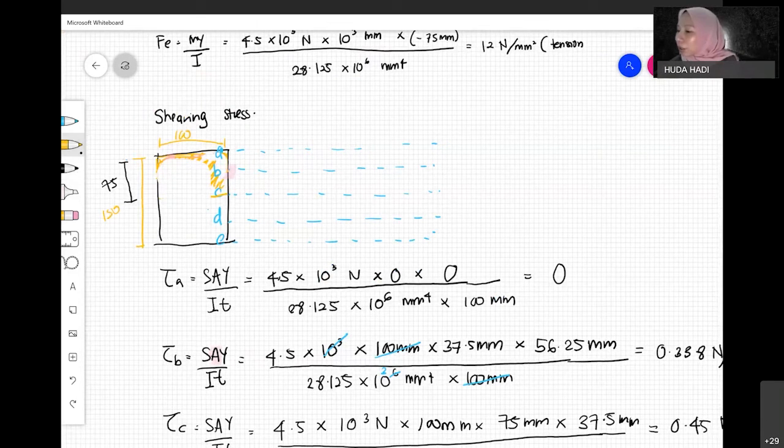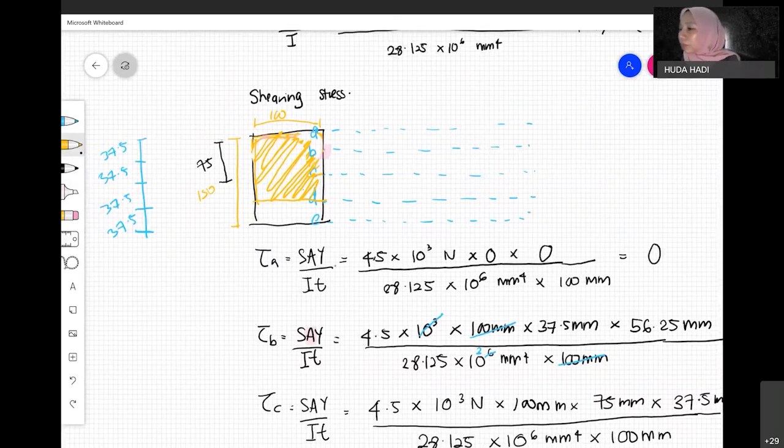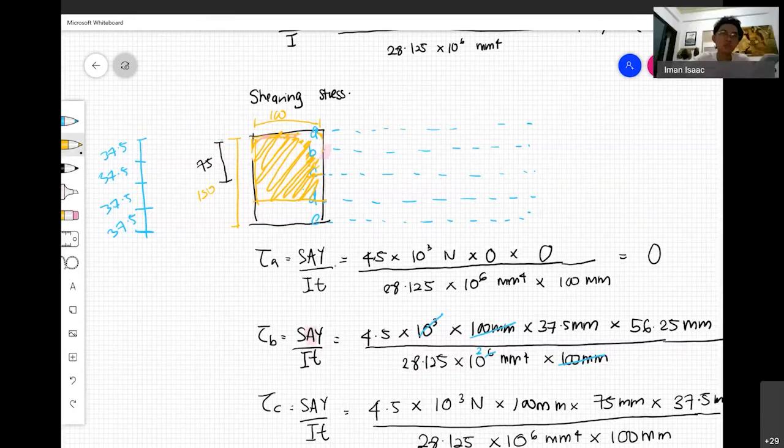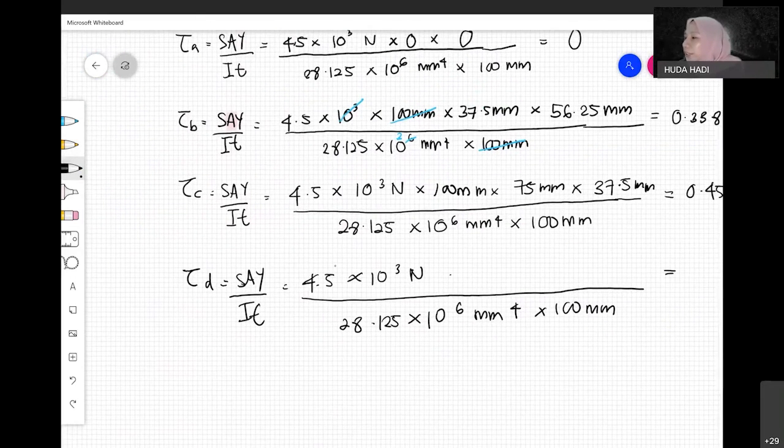I lukis area above D. Kat sini dia. Semua ni. 112.5. Okay. So 100 times 112.5 sebab dia area.